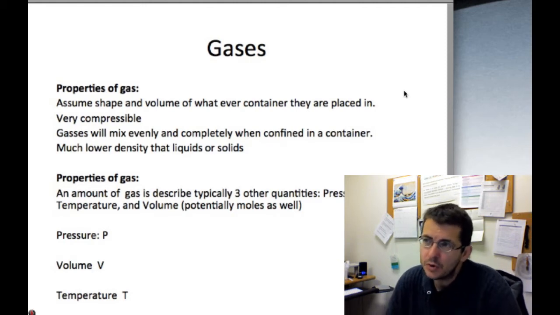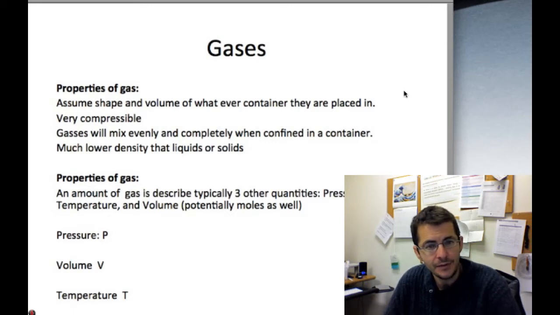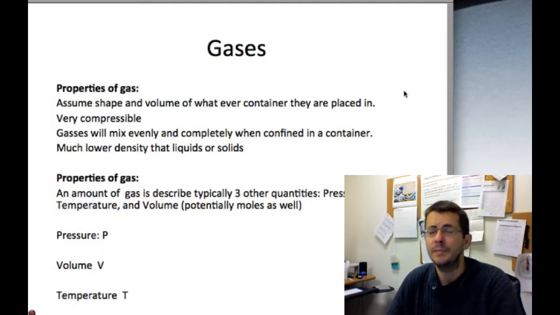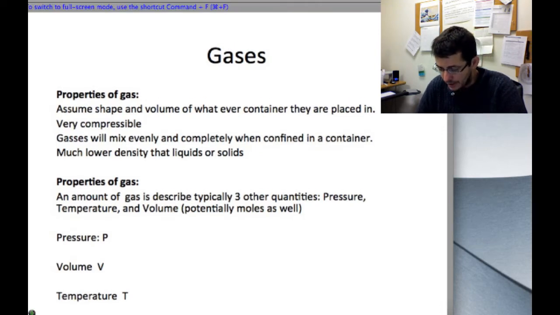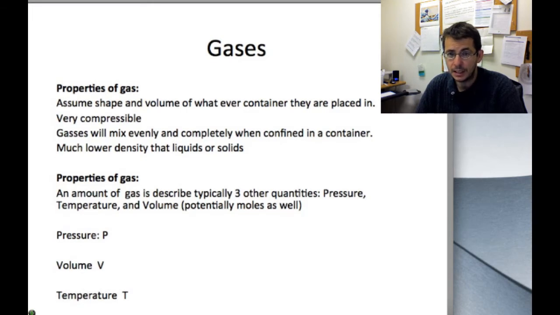As it turns out, you can actually classify and describe the behavior of gases based upon three major quantities, mostly extrinsic properties. The first of which is the temperature of the gas. Volume is often a capital V, and temperature is often a capital T. And so these three quantities, pressure, volume, and temperature together, are useful in describing the nature of a gas.